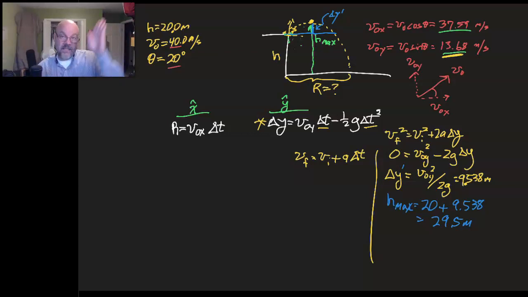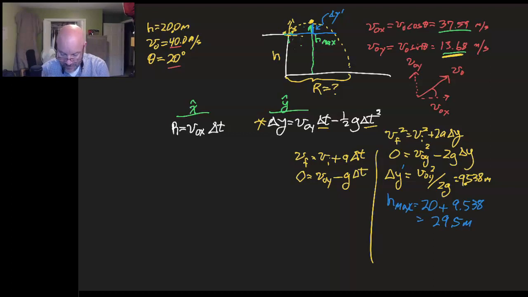We'll launch it up at a certain speed, 13.68. That's our component. The acceleration is down, and we're going to figure out, start to finish, how much time does it take to stop. So my final velocity becomes 0 again. My initial, again, becomes V naught Y, and I've got minus G delta T.